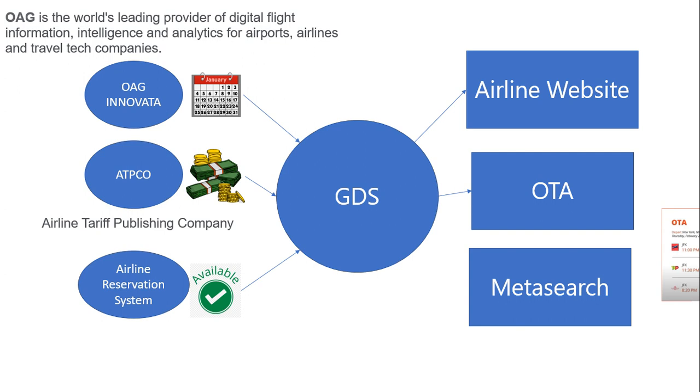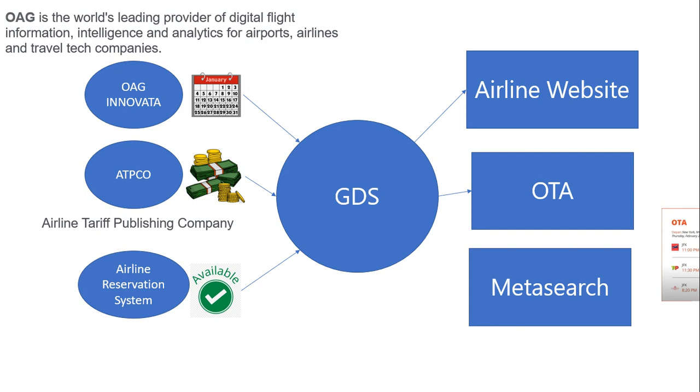OAG is the world leading provider of digital flight information, intelligence, and analytics for airports, airline, and travel tech companies. So, eto, ang binibigay niya is schedules. Ano ba yung mga scheduled flights? Si ATP Company or Airline Traffic Publishing Company naman is siya yung nagbibigay ng mga fare rates or fare price.